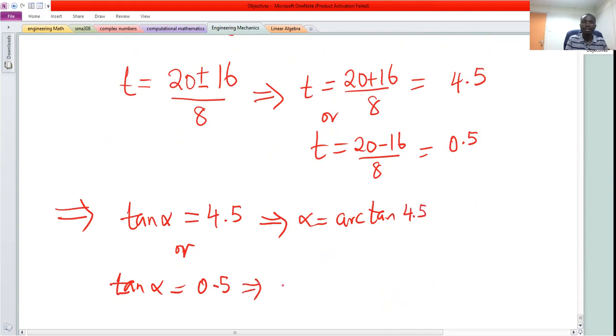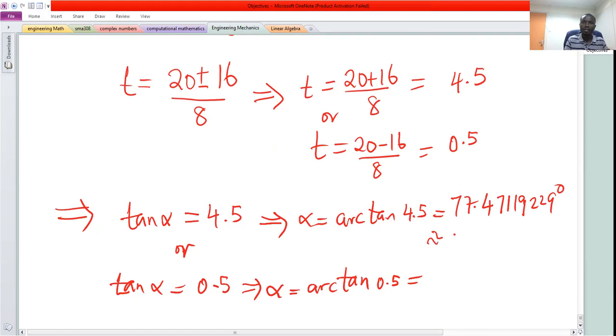This one means alpha is arctan or tan inverse of 0.5. So tan inverse of 4.5 is 77.47119229 degrees.